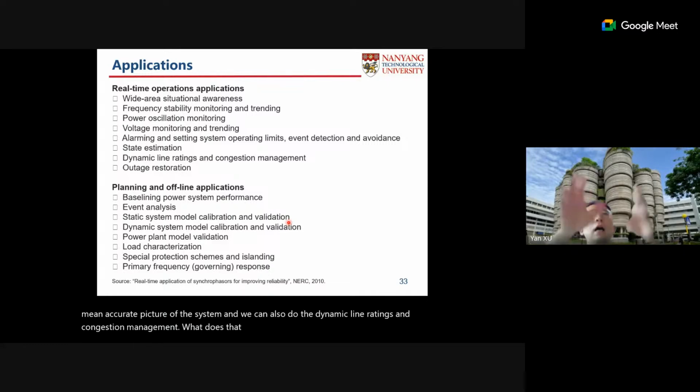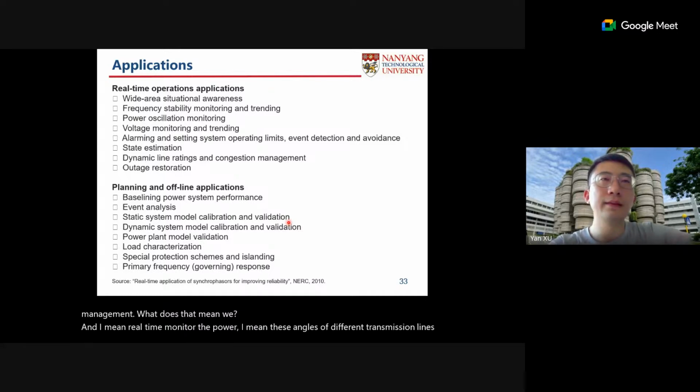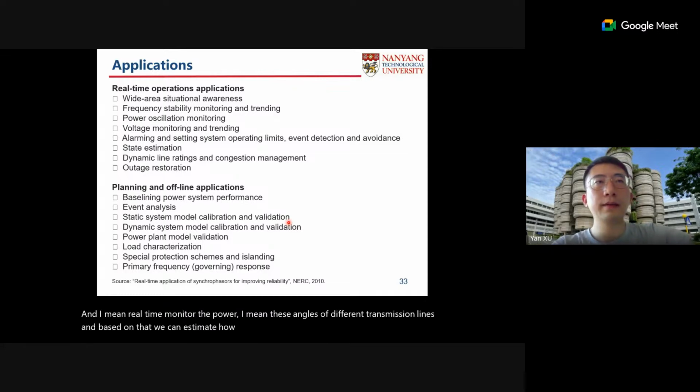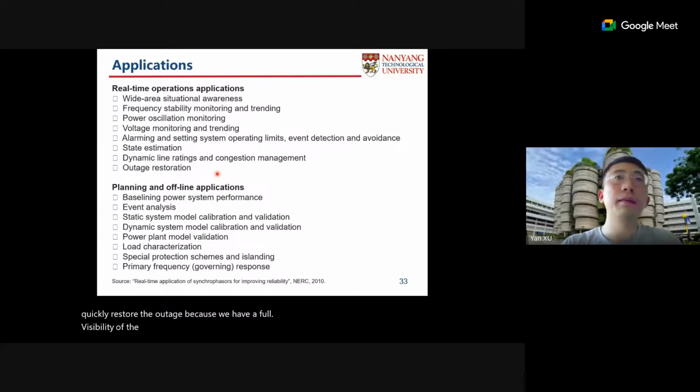We can monitor in real time the power and phase angles of different transmission lines. Based on that, we can estimate how much capacity is remaining for the transmission line. So that is so-called dynamic line rating. And outage restoration. Okay, we can also quickly restore the outage because we have full visibility of the system. So those are mainly for the real-time operation.